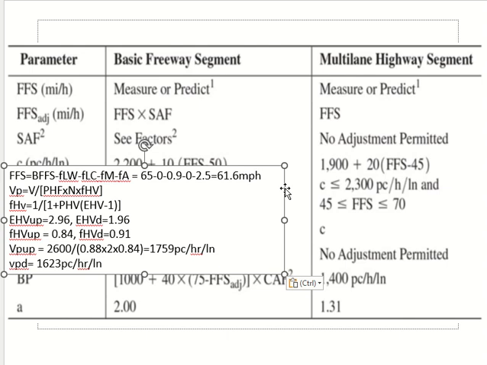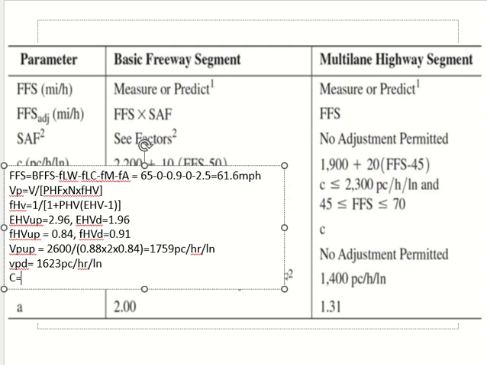What is my capacity? 2100. In that equation, I need the value of A as well. A is 1.31.